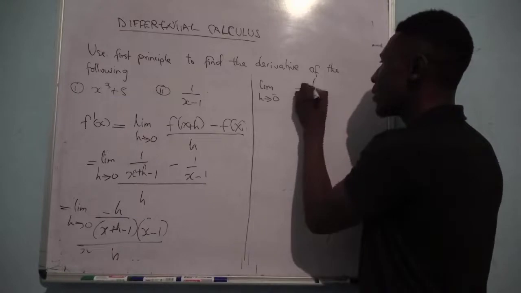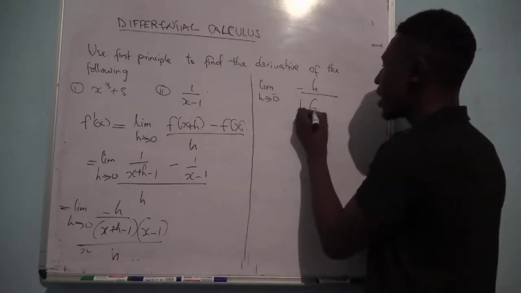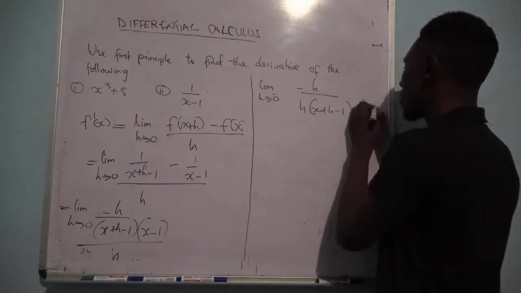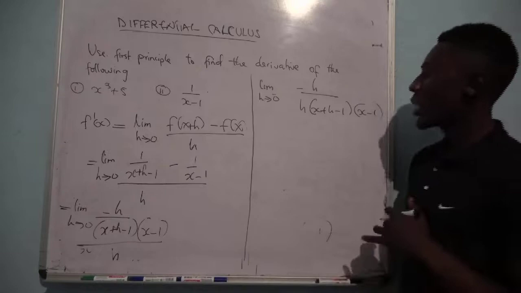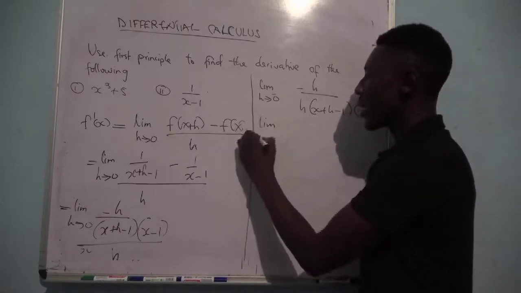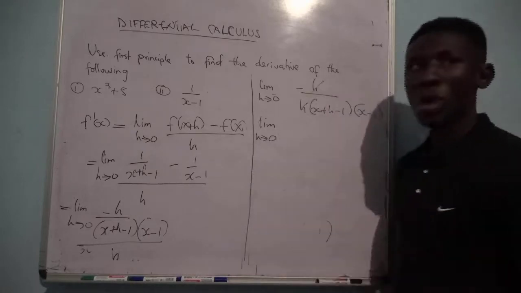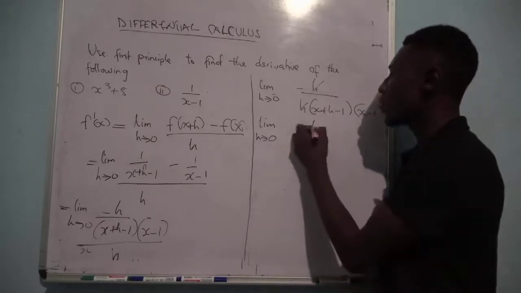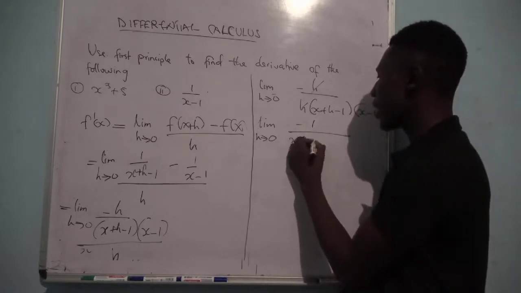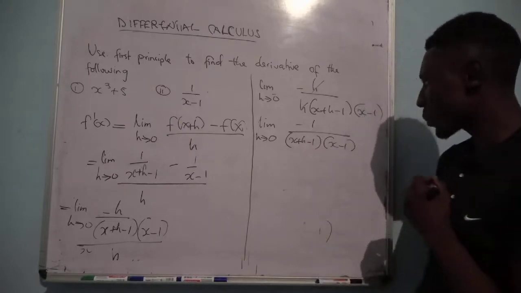So I'm going to get negative h over, down there, h multiplied by x plus h minus 1 multiplied by x minus 1, like that. So this would then come out to be the limit as h approaches 0 of, the h and h will cancel, meaning I'm going to get negative 1 over x plus h minus 1 multiplied by x minus 1, like that.